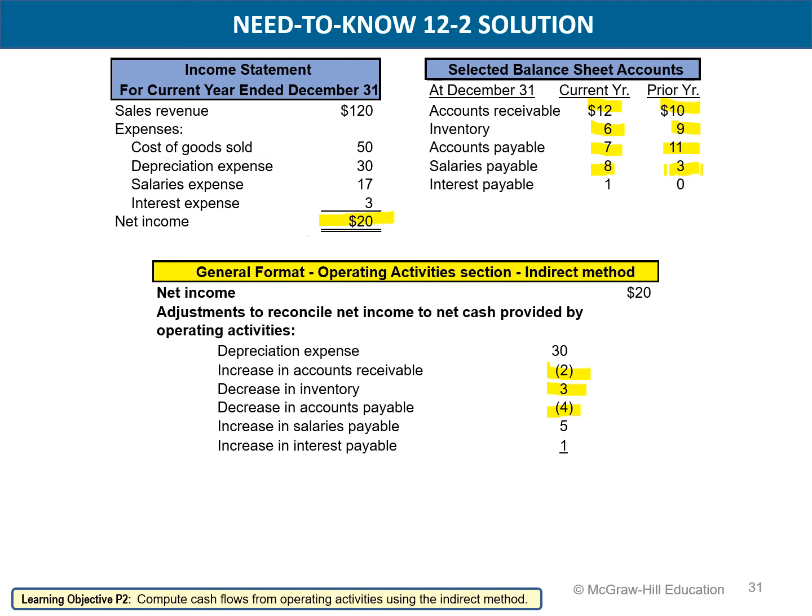So we have an increase in salaries payable of 5, which means we haven't yet paid it, haven't yet spent our cash. So it's increasing our cash. And we have an increase in interest payable of 1. We add that, okay? If you add them all up, it's $33. So we have net cash provided by operating activities of 20, net income, plus 33, total of 53.